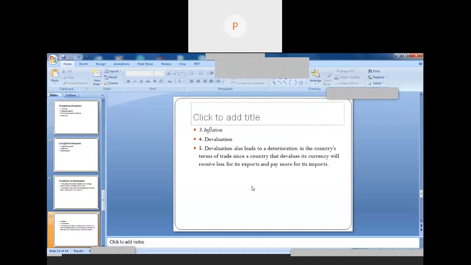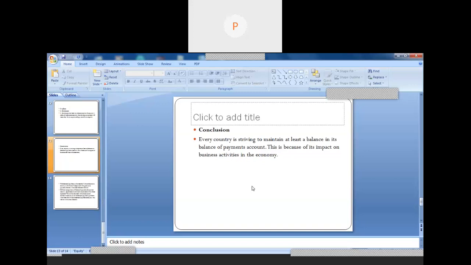Devaluation can also lead to a fall in government revenue as a result of decrease in imports. Devaluation can also lead to a deterioration in the country's terms of trade, since a country that devalues its currency will receive less for its exports and pay more for its imports. Right. So we will discuss all these things.